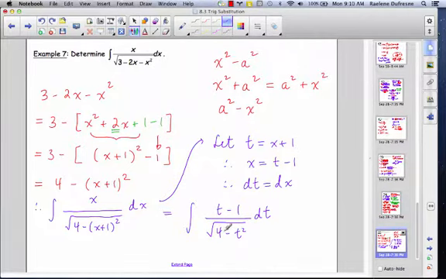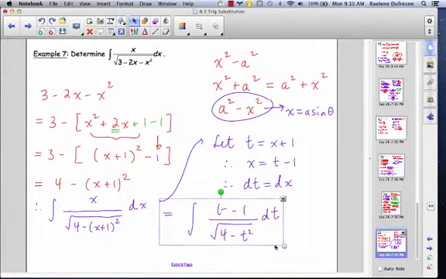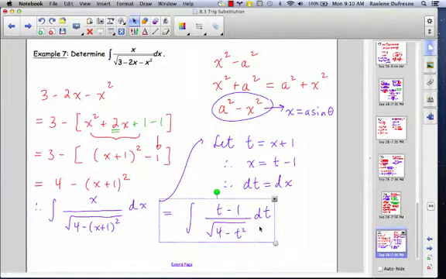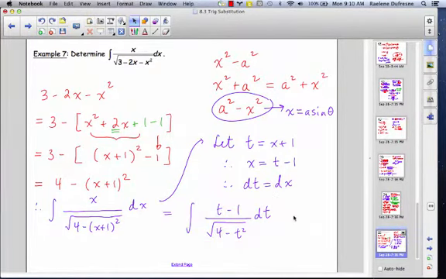This form then looks like this form, which suggests that x or t should be a sine theta. So if we do that, well, we'll leave it.